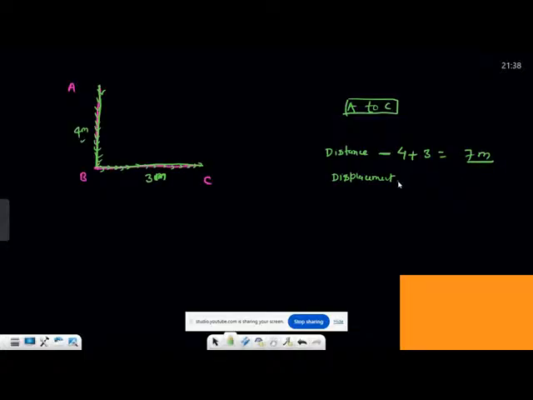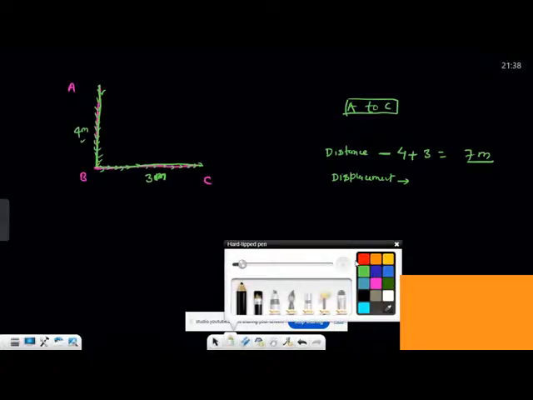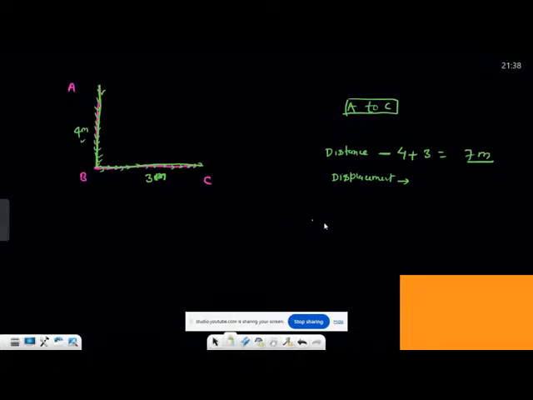But when you want to find the displacement between A and C, you have to find the shortest path between A and C. And I have already told that the shortest path between 2 points is the straight line between these 2 points.